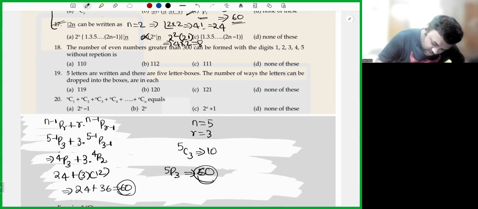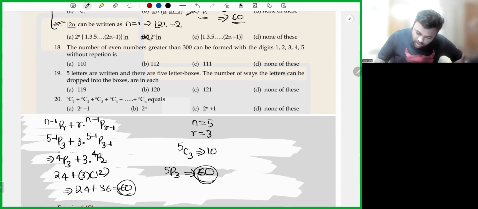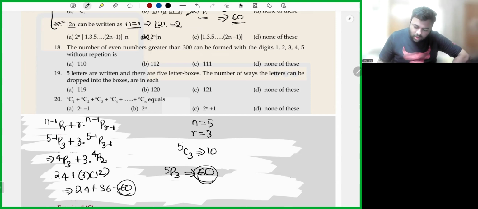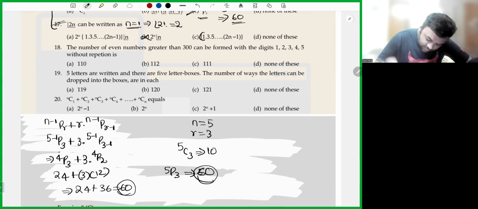Now let's check option C. If you substitute n equals 1, you will get 2 factorial equal to 2. Now, 1 into 3 into 5, and so on till 2n minus 1. When you take n equals 1, obviously you will take the first number itself.